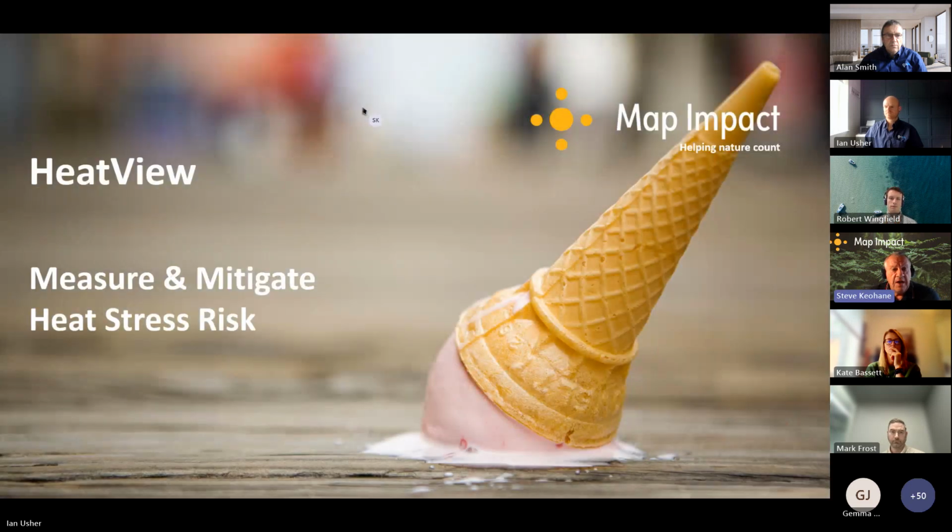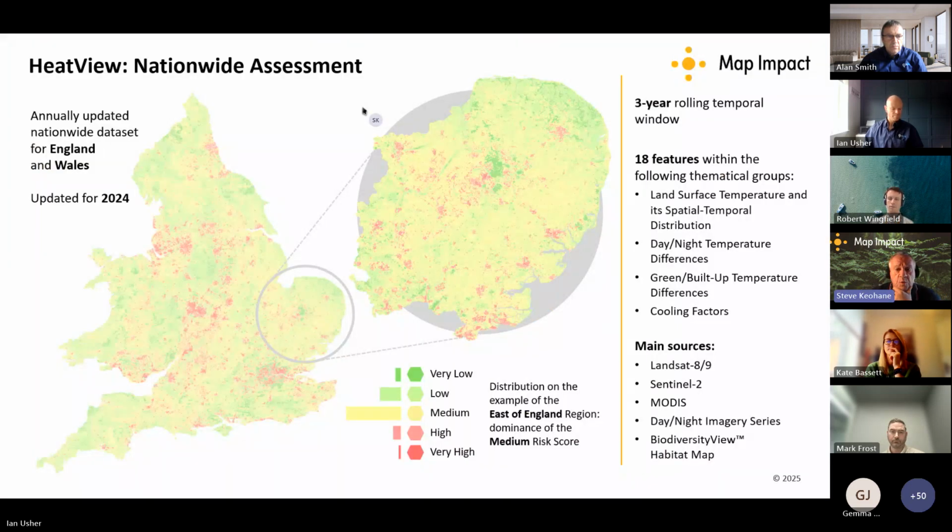Heat view. So this is the final one of our 4. Again, the 3-year rolling window. This one's an interesting one because I think it very much plays to housing associations. If we look at the thematic group here, you can see it's land surface temperature, which is important.